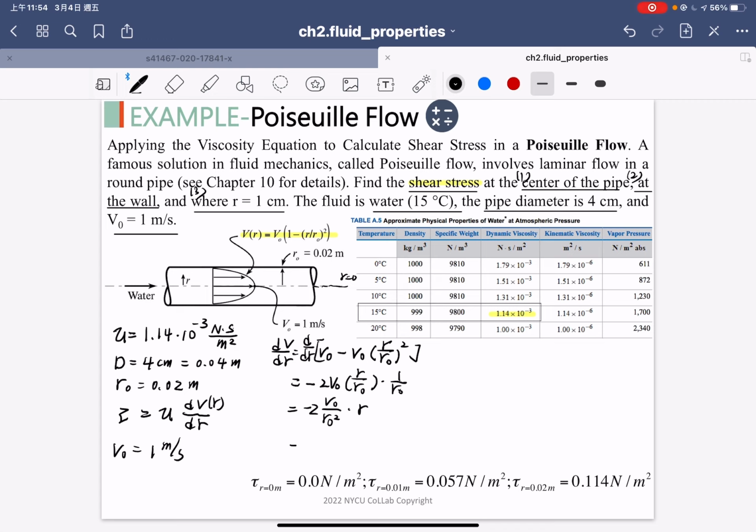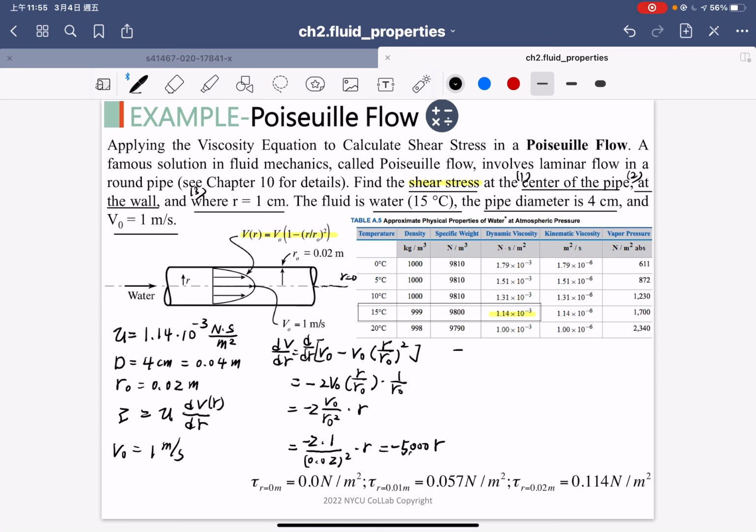So we can put the numbers into this equation: minus 2 multiplied by 1 meter per second, divided by 0.02 squared, and multiplied by R. So by using your computer, 2 divided by 0.02 squared is around minus 5,000 R.